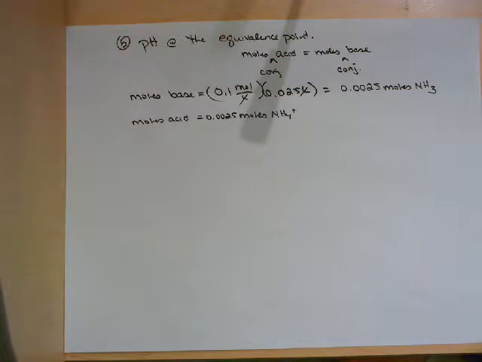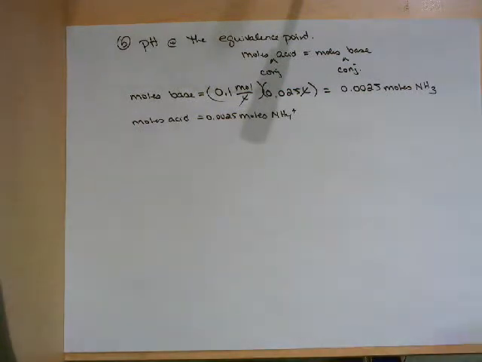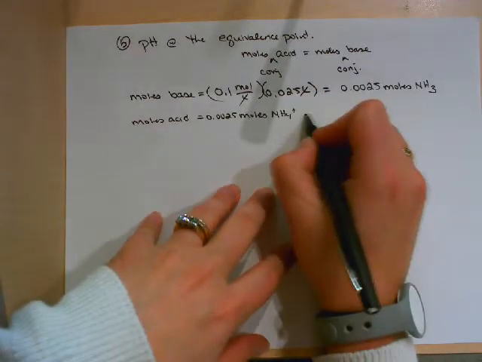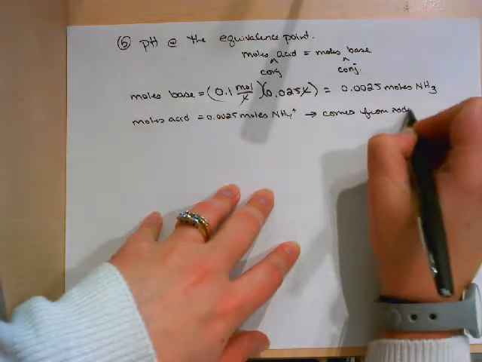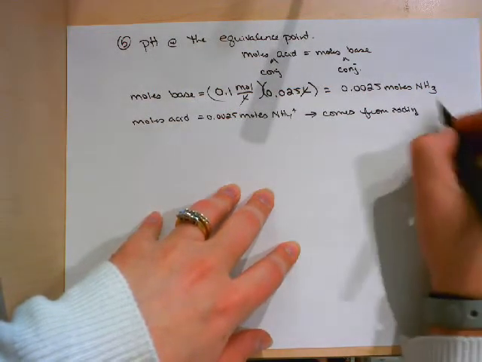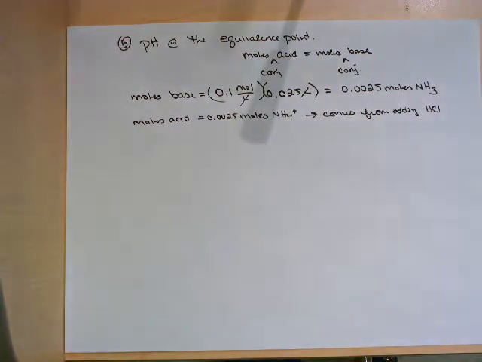So what volume is that going to happen at? So I have this many moles of NH4 plus. Right, and that comes from adding the HCl.